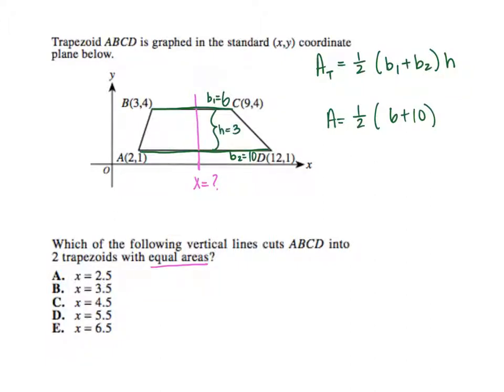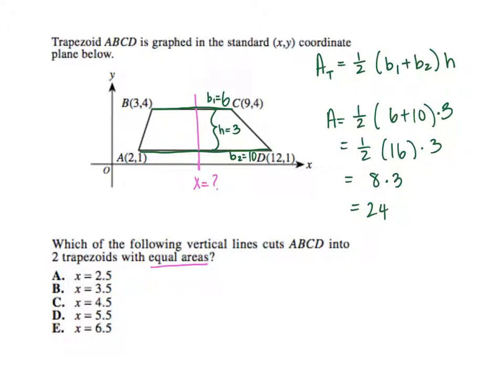So I'm going to be multiplying this by 3. If I work this out, this is just 1/2 times 16 times 3. Half of 16 is 8, times 3 is 24. So this tells me that the area of this full trapezoid is 24.